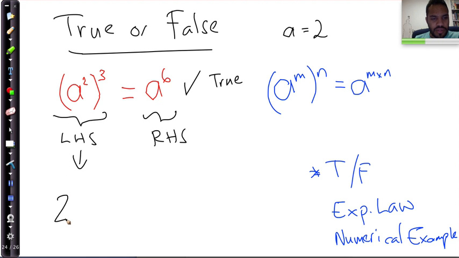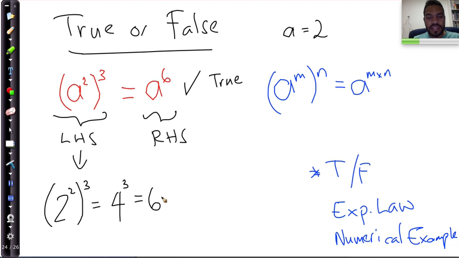If I let a equal 2, then I raise that to 2, and I raise that to 3. The left-hand side is going to be 4 raised to the power of 3. And 4 times 4 is 16, and 16 times 4 is 64.